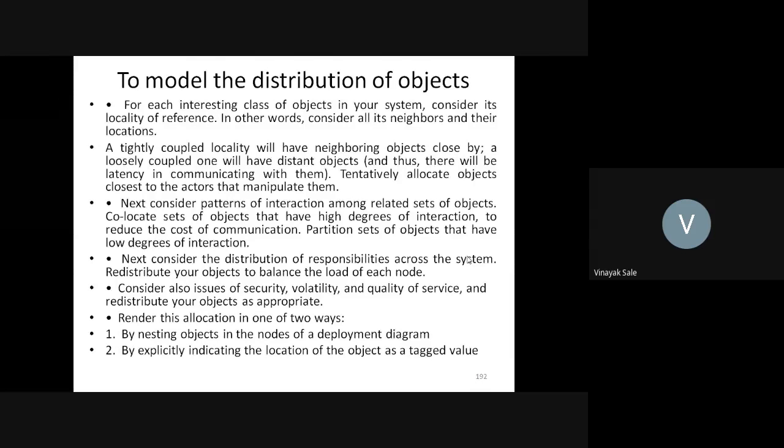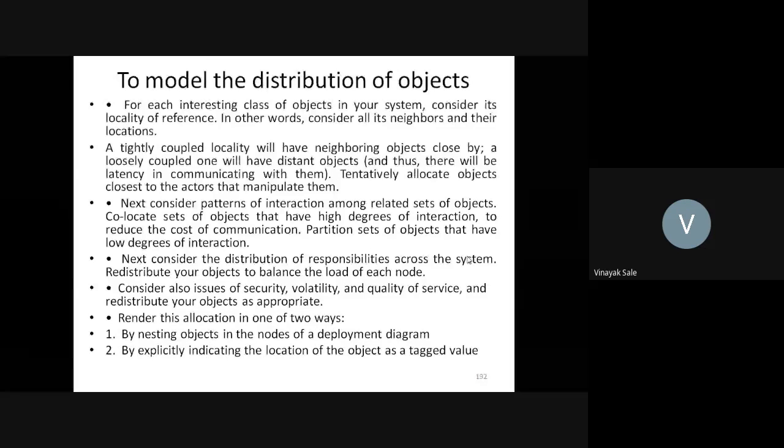Next, consider the distribution of responsibilities across the system. Redistribute your objects to balance the load of each node. Consider also issues of security, validity, and quality of service, and redistribute your objects as appropriate.